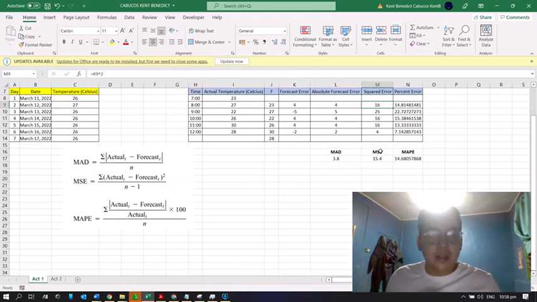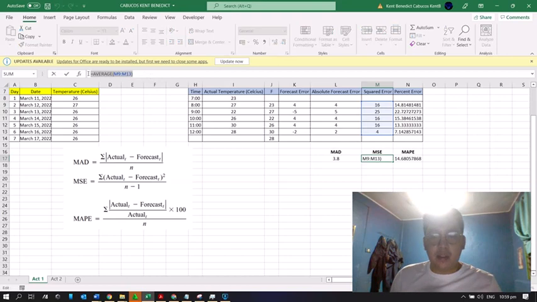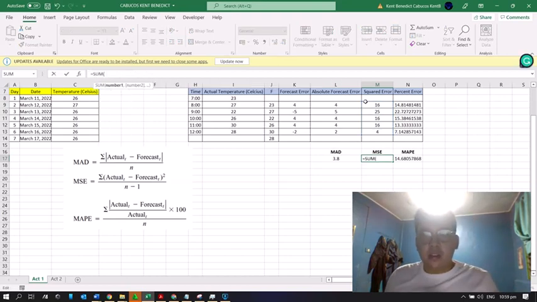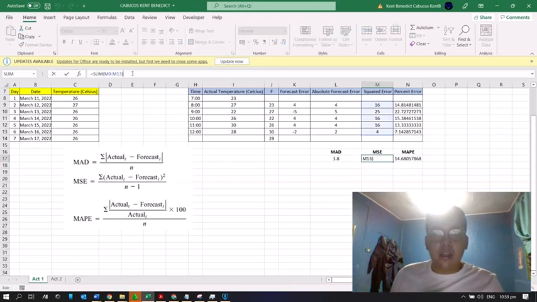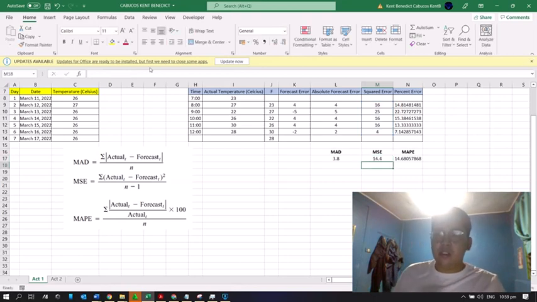We're going to use the sum, divided by how many? 1, 2, 3, 4, 5, divided by 5 minus 1, so we get a 14.4 MSE.